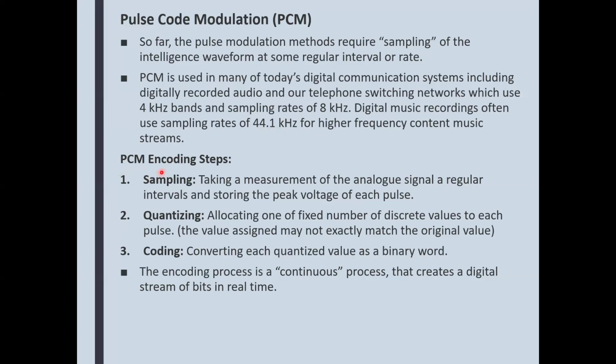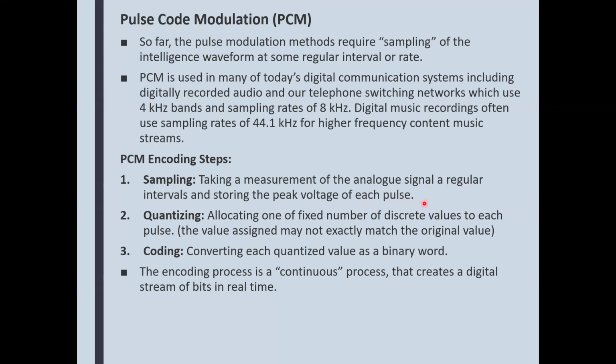Pulse code modulation or pulse code encoding steps. First is sampling: taking a measurement of an analog signal at regular intervals and storing the peak voltage for each pulse.